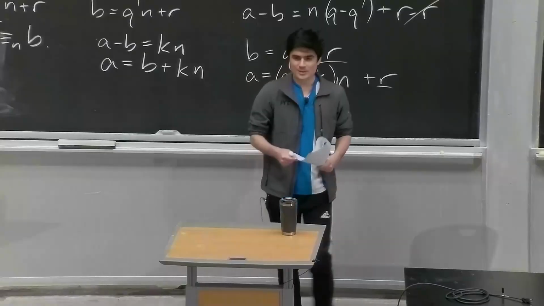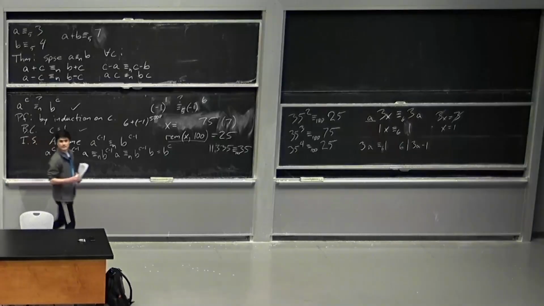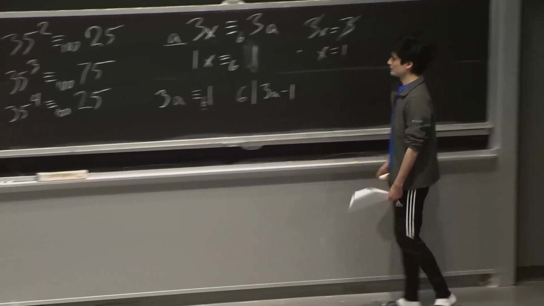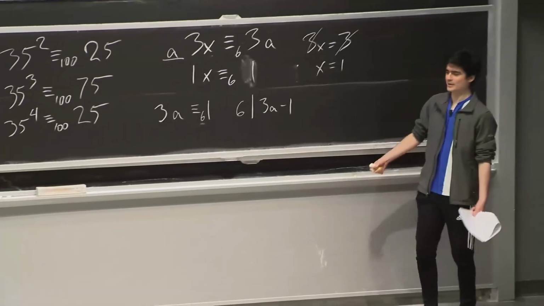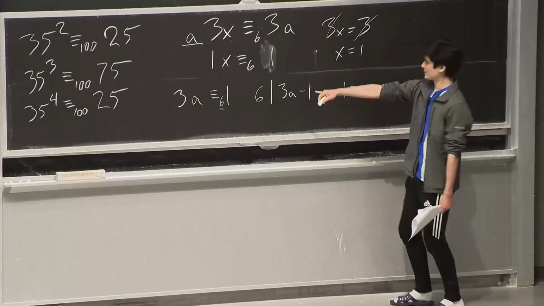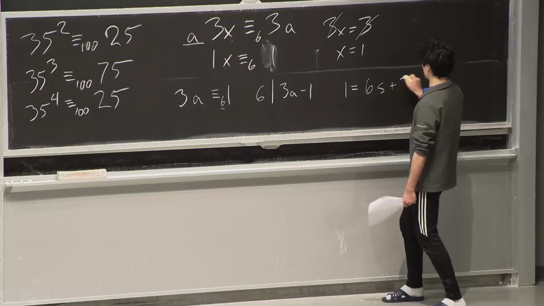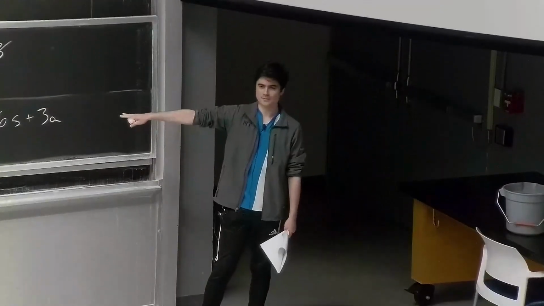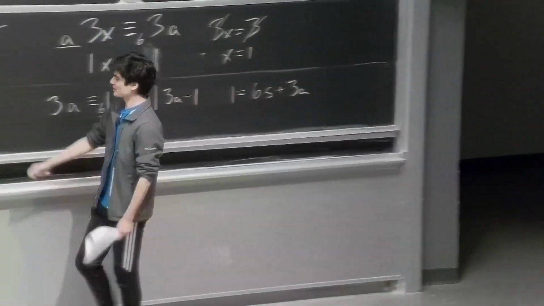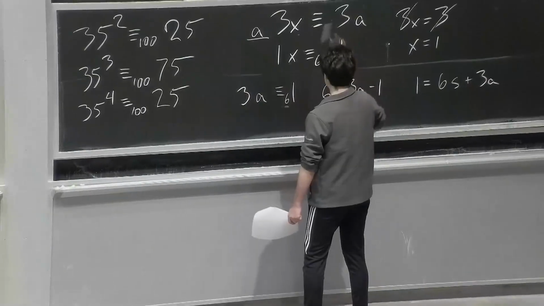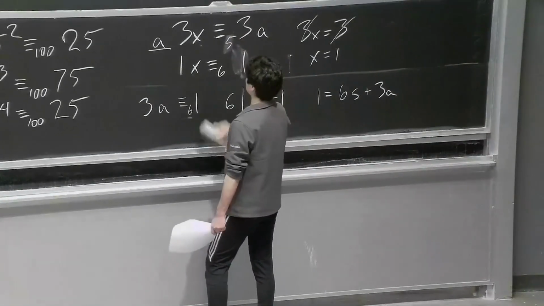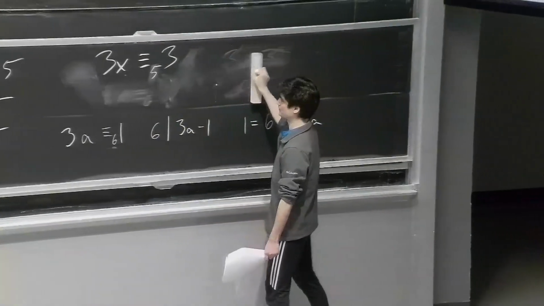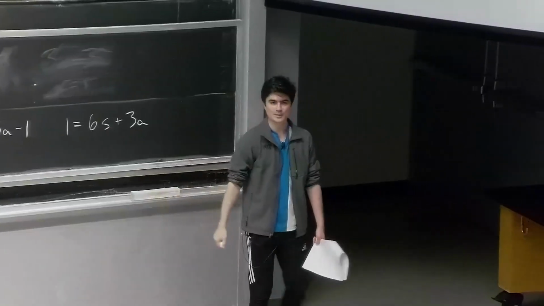So under what circumstances are we allowed to divide? We just saw that we can't divide here because there's no solution to this equation. What if there is a solution? What if instead of modulo 6, we had modulo 5? Would we be allowed to divide here?